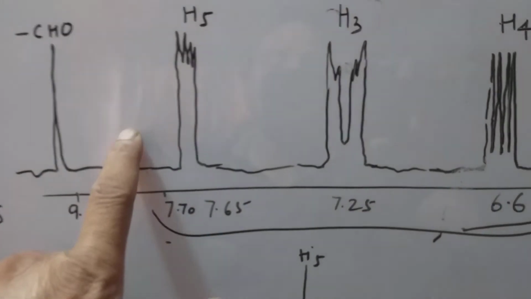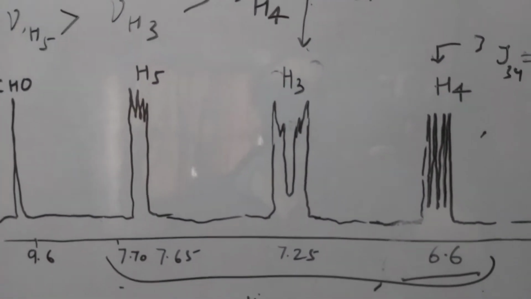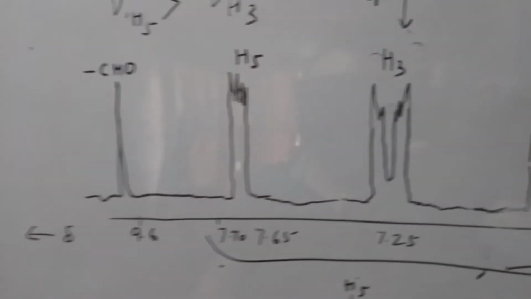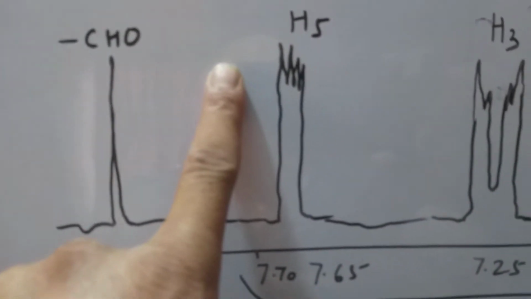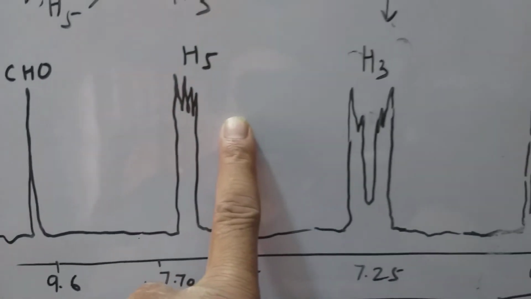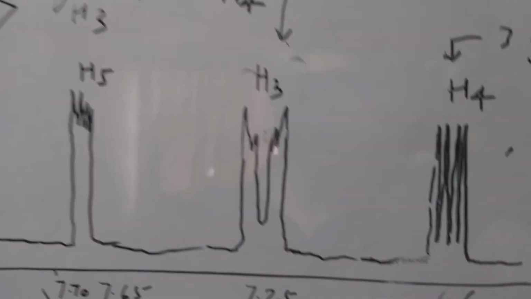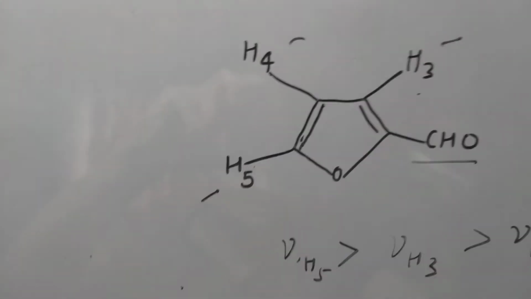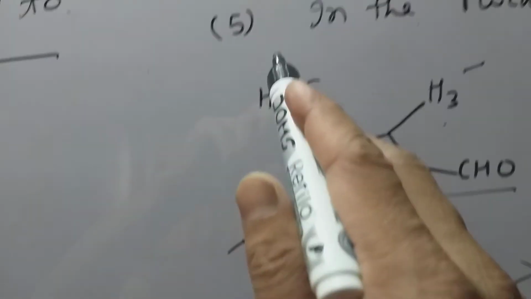All these peaks are obtained as a doublet of doublets, that is, each signal consists of 4 peaks. If we pay attention to this diagram, we can easily see that all these signals appear as a doublet of doublets.